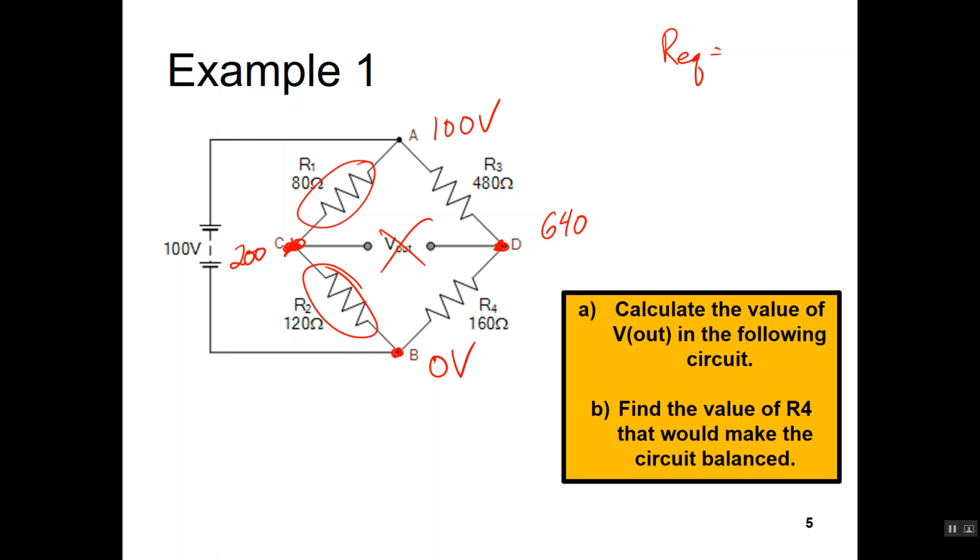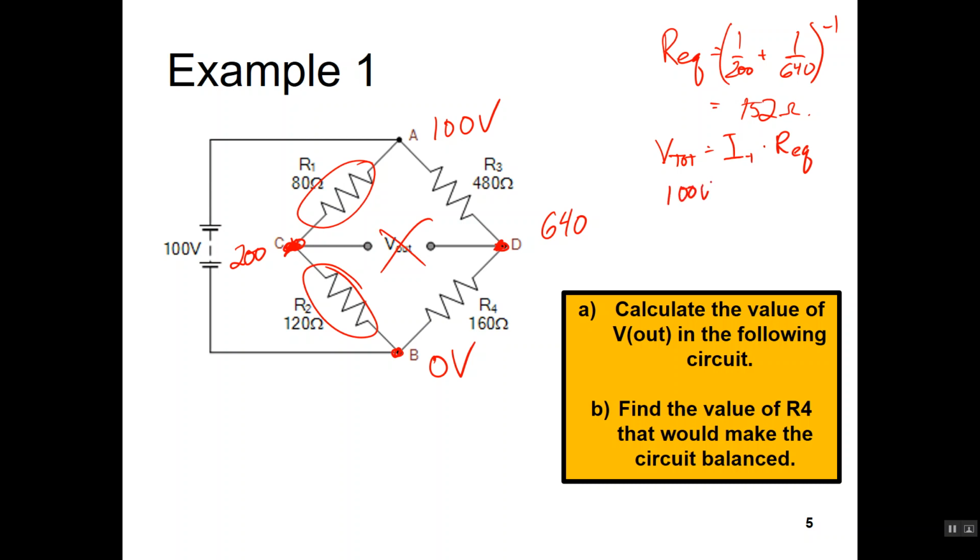So Req is going to be equal to 1 over 200 plus 1 over 640, all to the power of minus 1. If someone can give me an answer for that. How much? 152 ohms, and therefore I can calculate my total current using my total voltage.